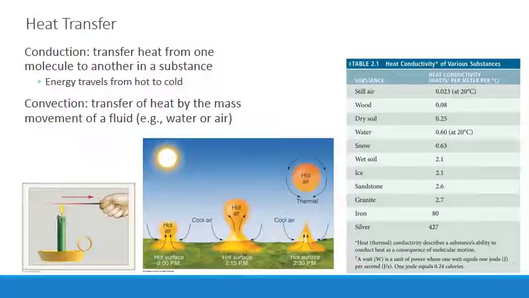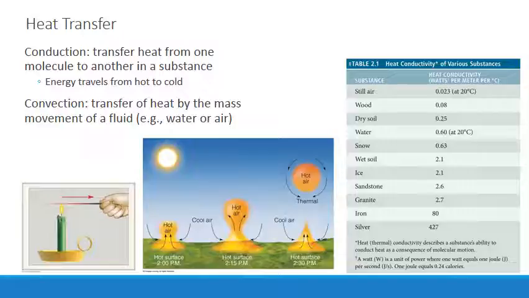So high temperature molecules excite the molecules adjacent to them. So from this heat source, we move laterally towards the colder molecules and then eventually towards this person's hand. What's happening when you pick up a metal spoon in a hot pot of soup or hold a nail into a candle?